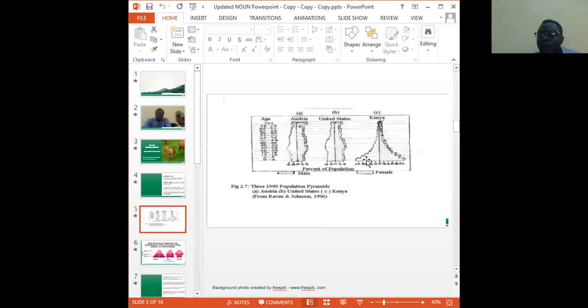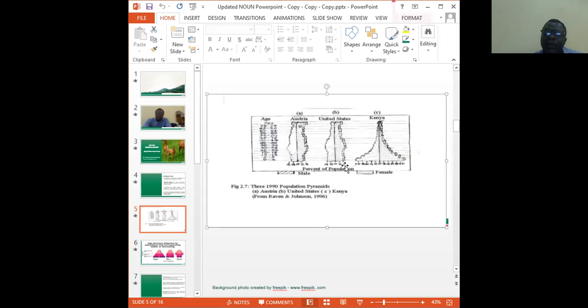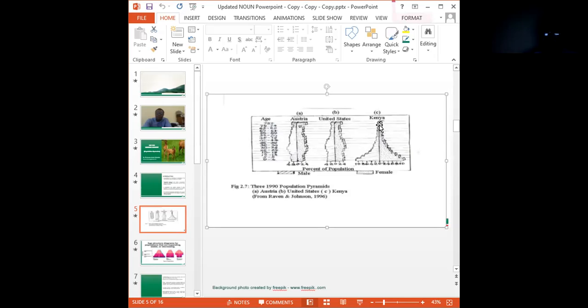In Kenya, we have a larger population of 0 to 4 as compared to the United States, whereas in Kenya we have 0 to 10. See? And at the age of 75, that's where you have the climax.